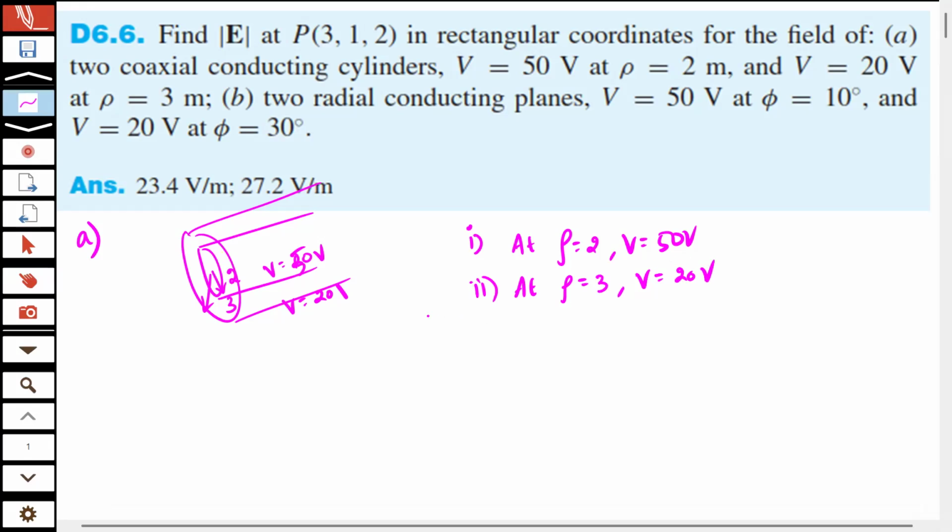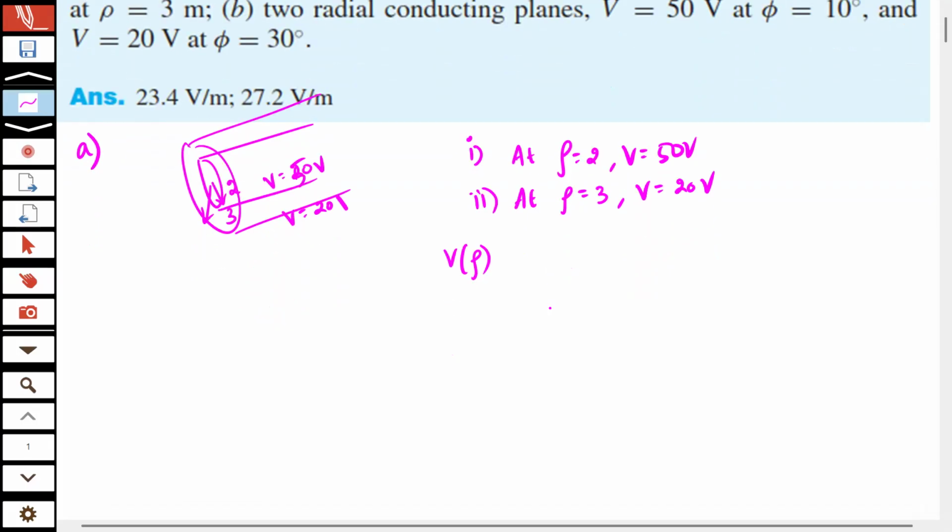Now let us consider the potential function as a variable of rho. Now we will be writing the Laplace equation in cylindrical system. When we write the del square V for cylindrical system where V is only a function of rho, differentiation with respect to only rho will be non-zero. Differentiation with respect to phi and z will be 0.